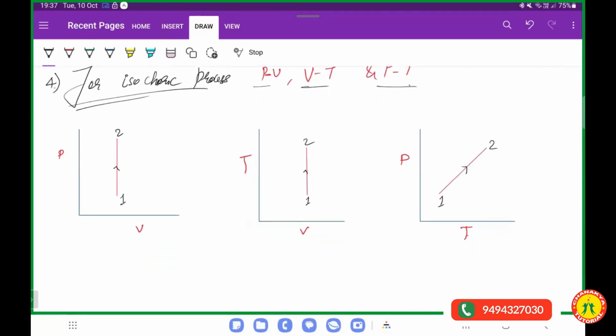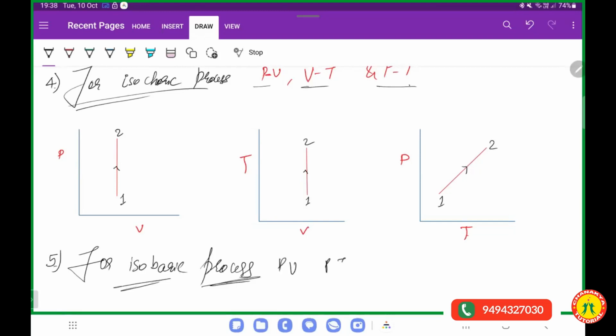Are you done? Shall I go for next? Till then, I'll give a heading for isobaric process. PV, PT, VT.